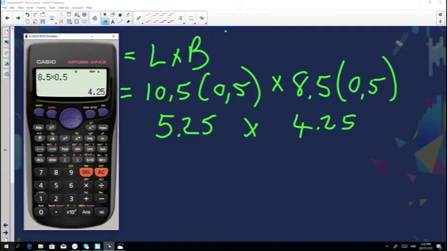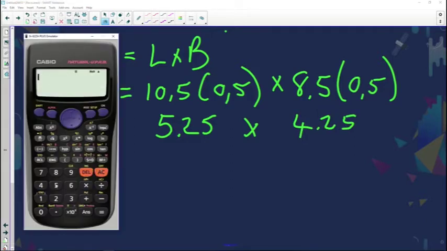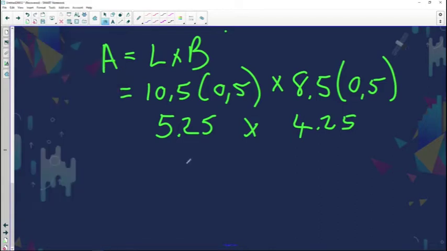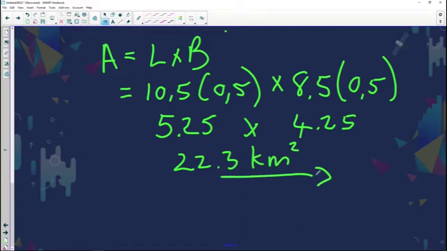To calculate the final answer, it's 5.25 times 4.25, and you get your answer in square kilometers. It's 22.3 square kilometers, and that's your final answer.